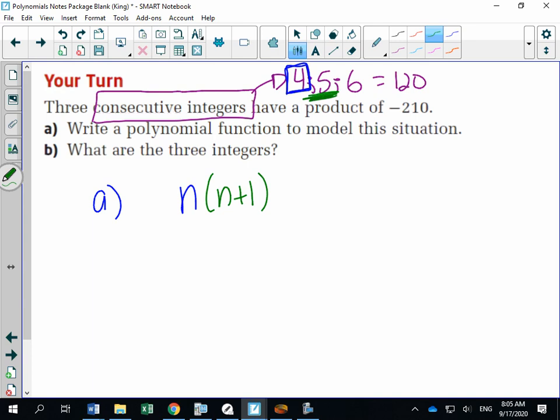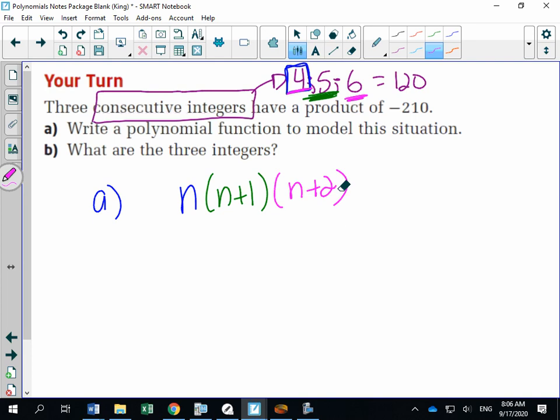That's how I would get 5. And how do you get 6 starting with 4? It would be 4 plus 2. So my third one would be n plus 2. So this is how you write 3 consecutive integers. Your first integer is n, your second consecutive integer is whatever that first number was plus 1, and your third consecutive integer is whatever that first number was plus 2.